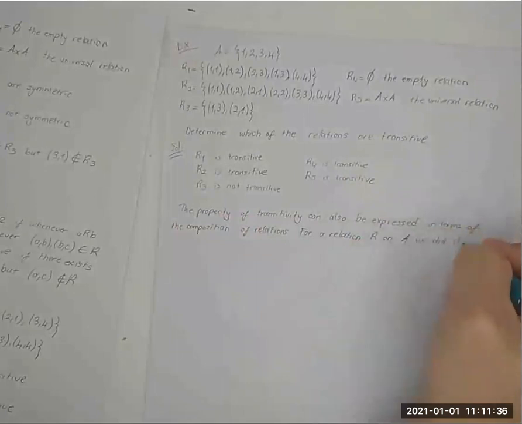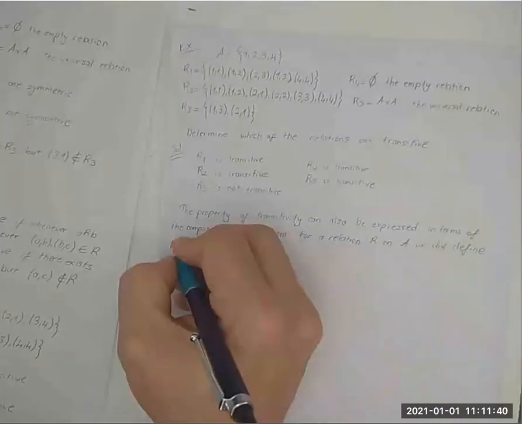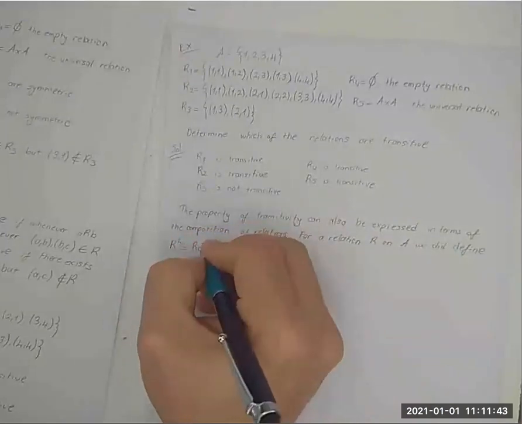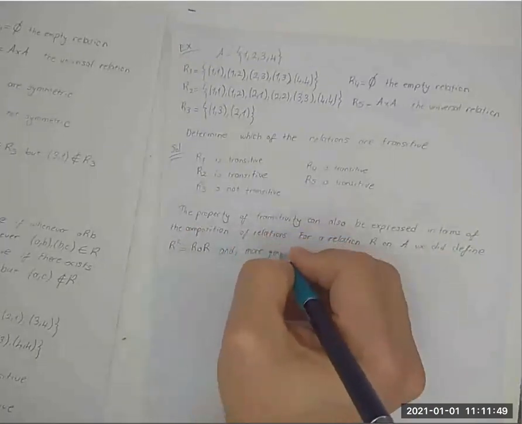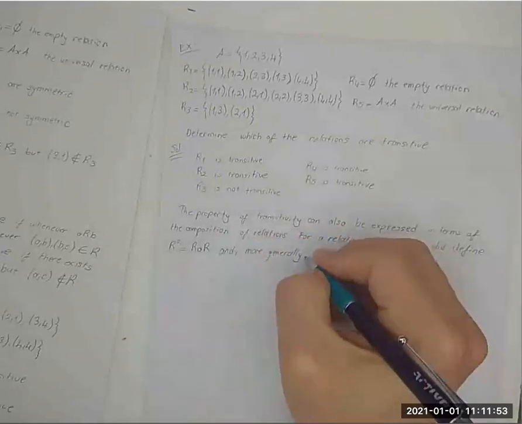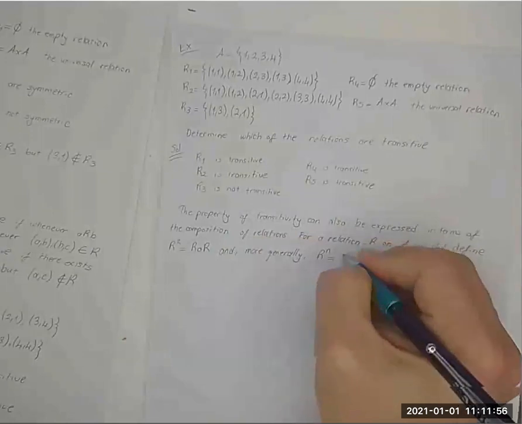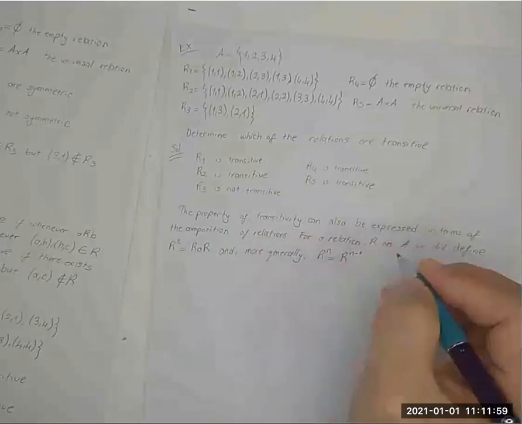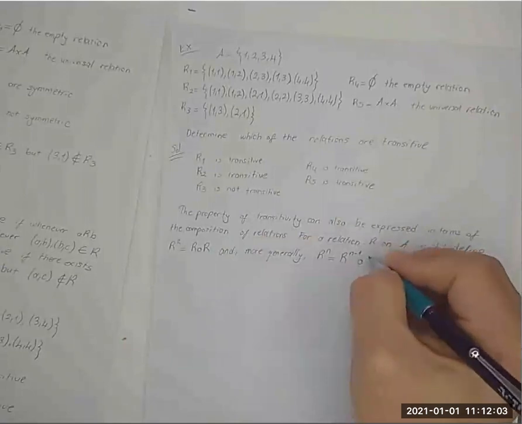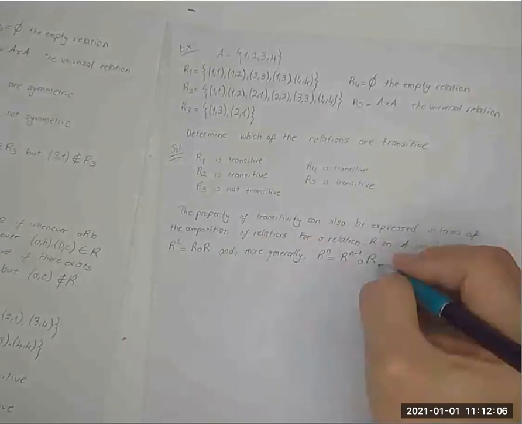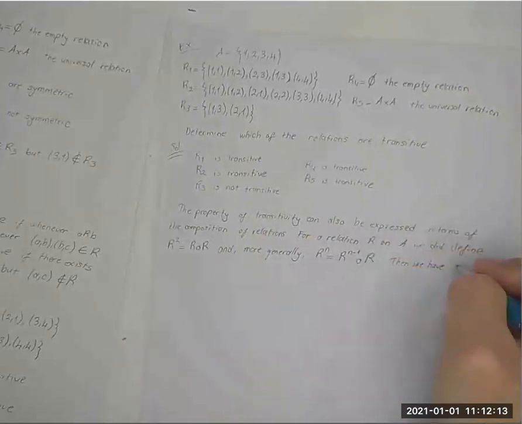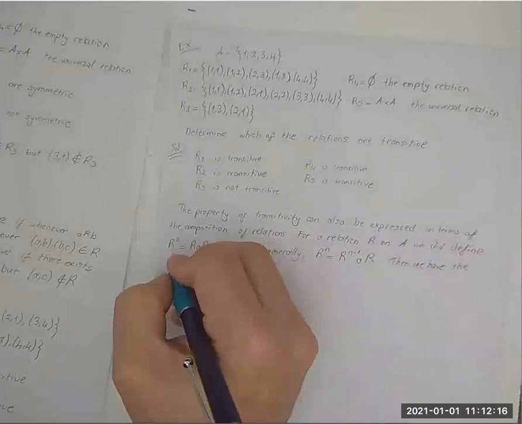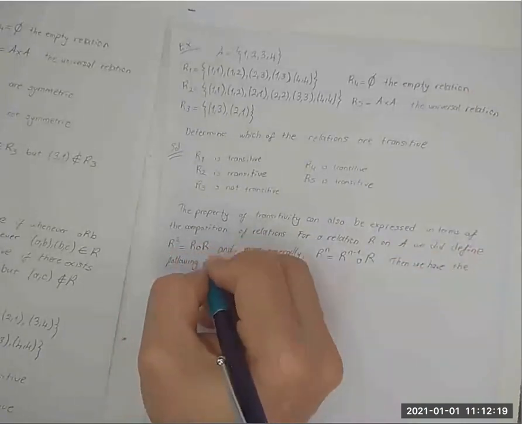For a relation R on A, we define R squared, meaning R composed with R, and more generally Rn is equal to Rn minus 1 composed with R. Then we have the following results.